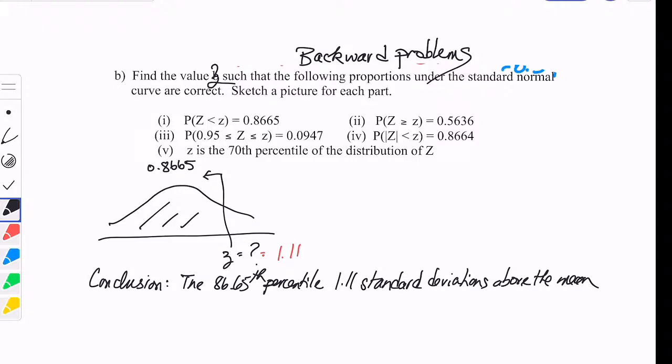How about number 2? So as I mentioned, always sketch.